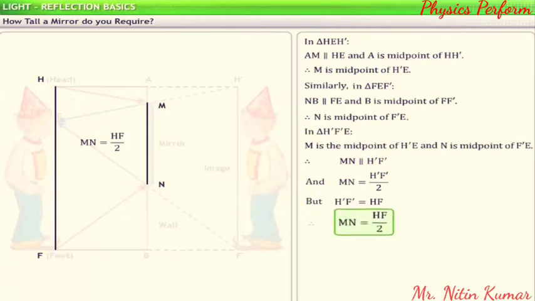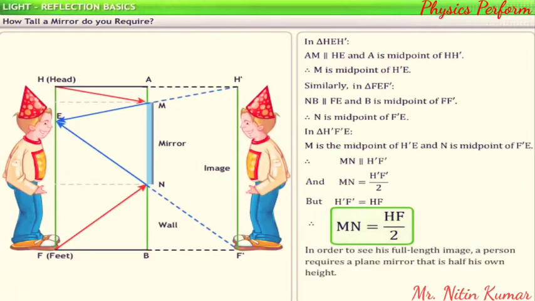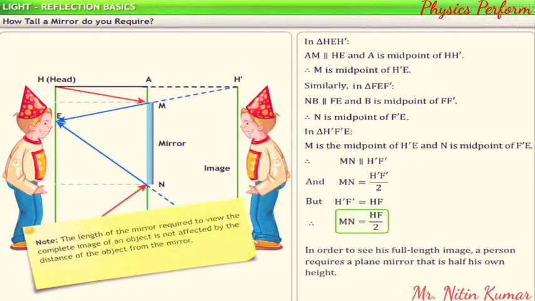Therefore, MN is equal to half of HF. Thus, in order to see his full-length image, a person requires a plane mirror that is half his own height. Therefore, to view the complete image of an object, you need a mirror that is at least half the height of the object.